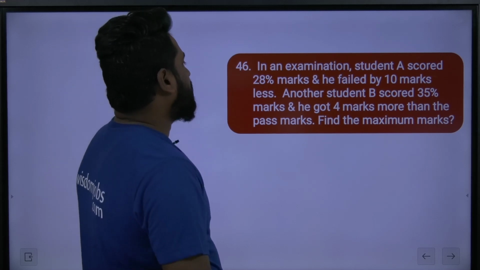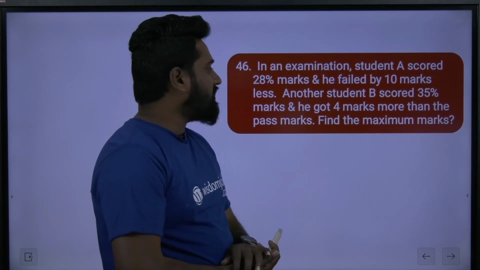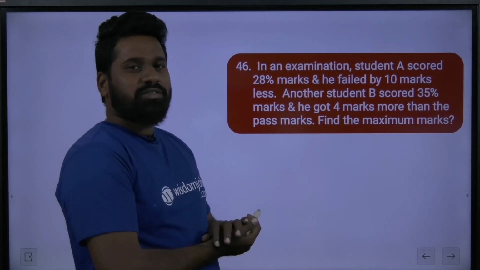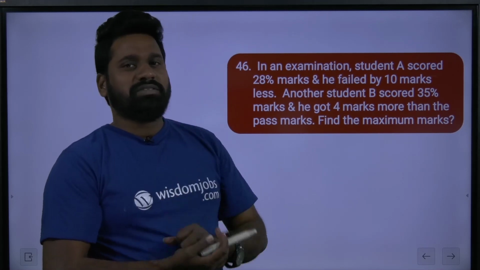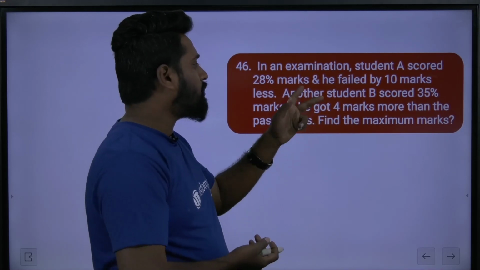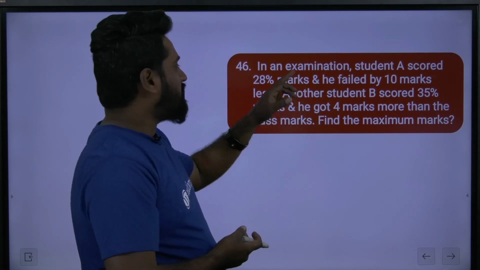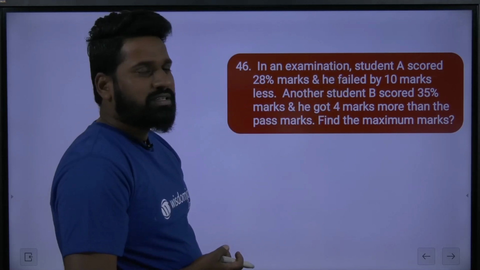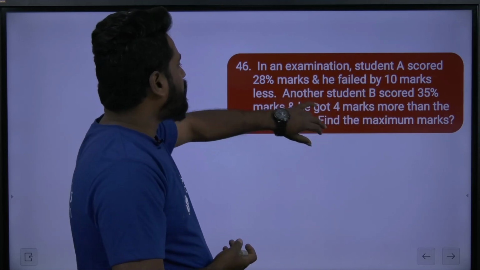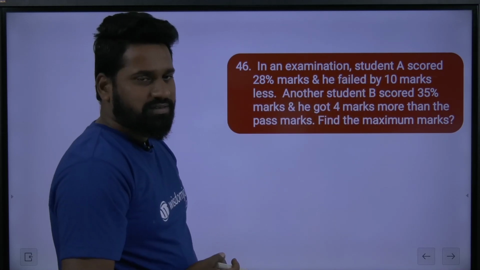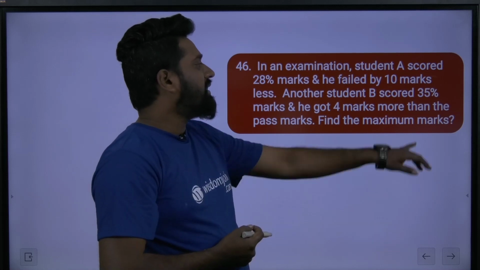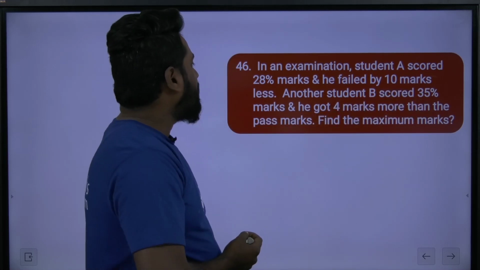Right, see this question here. In an examination, if you observe the last question and this question, here 2 persons are given, or a person but 2 cases are given. Here both A and B, so observe this one. In an examination, student A scored 28% of the marks and failed by 10 marks less.